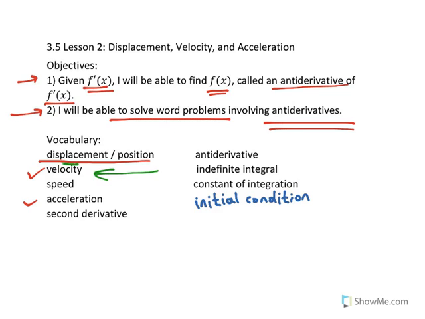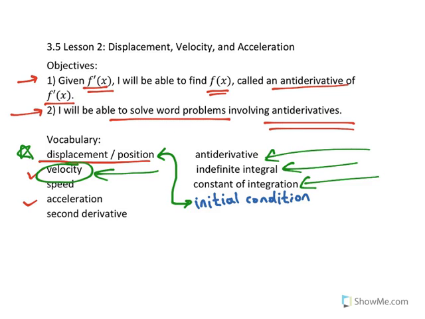Suppose you're given the velocity function and some initial condition about the position function. We're going to find what the position function was by finding an antiderivative of the velocity function, or indefinite integral of the velocity function, which will have a constant of integration, but we will be able to use the initial condition to figure out what the constant of integration should be equal to.